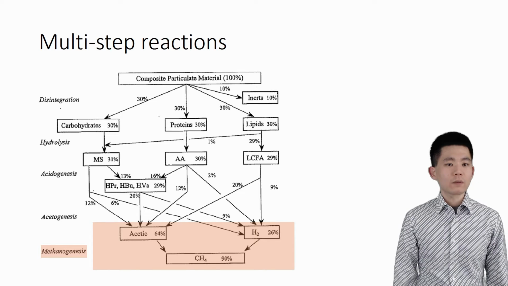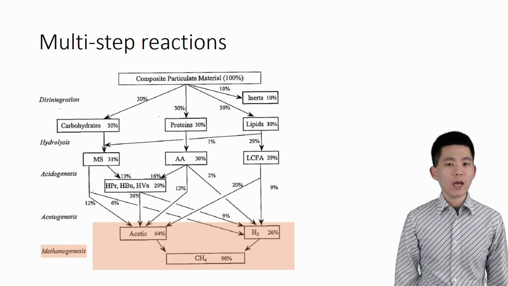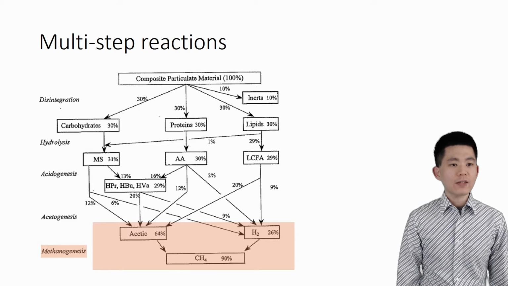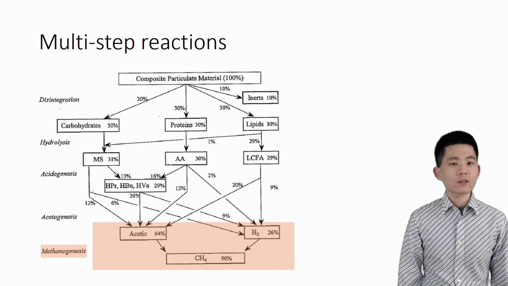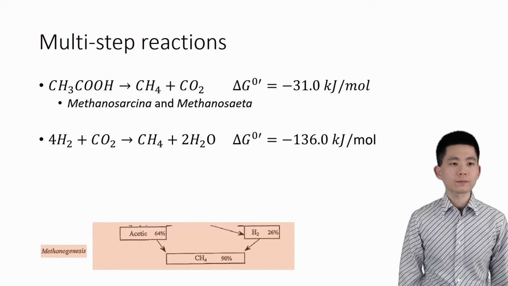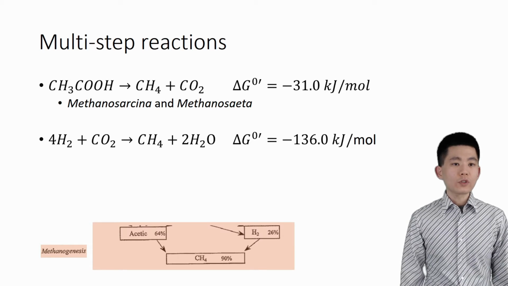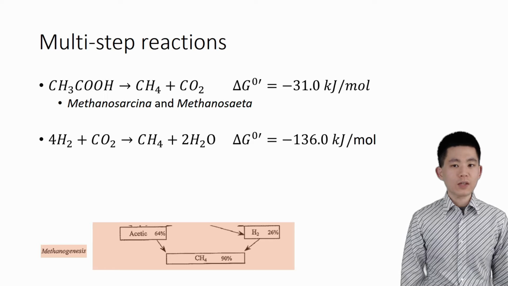The final step, methanogenesis, has two major pathways: acetoclastic methanogenesis that converts acetate to methane, and hydrogenotrophic methanogenesis that converts hydrogen and CO2 to methane. Although over 2/3 of the methane is produced from acetate in anaerobic digestion, very few methanogen species can do this.